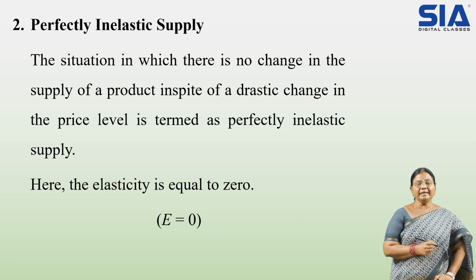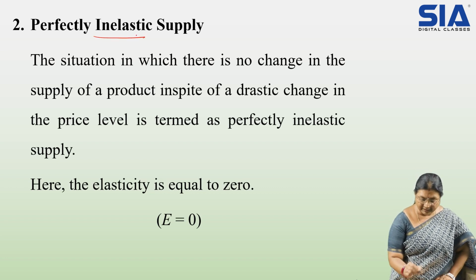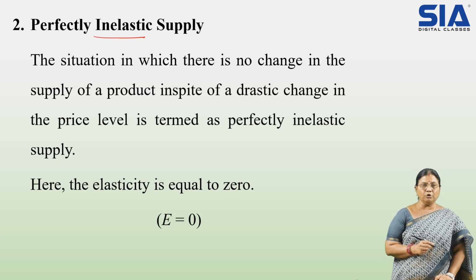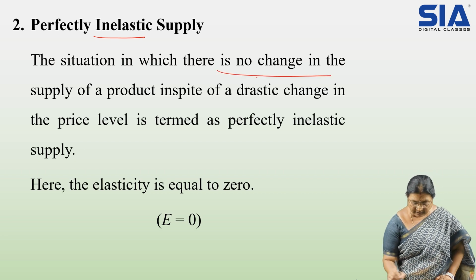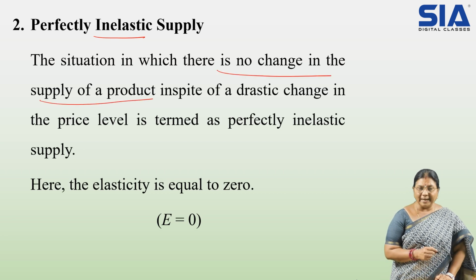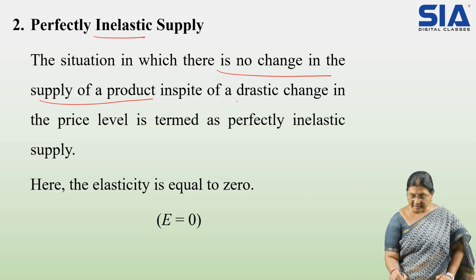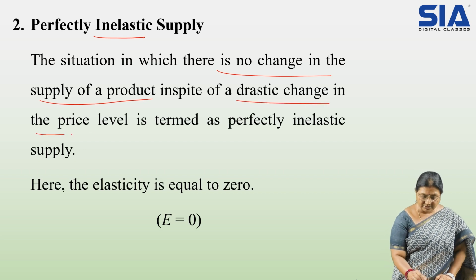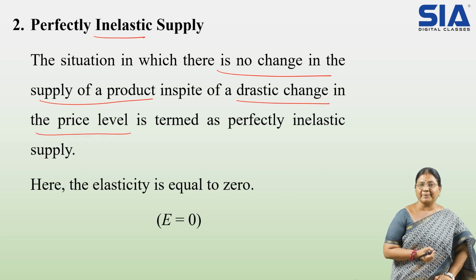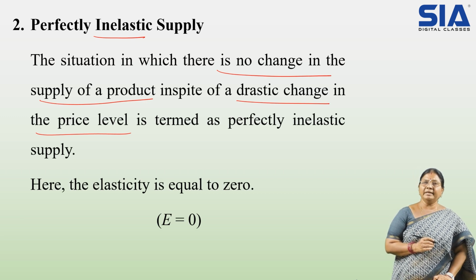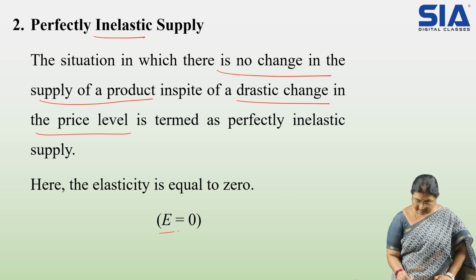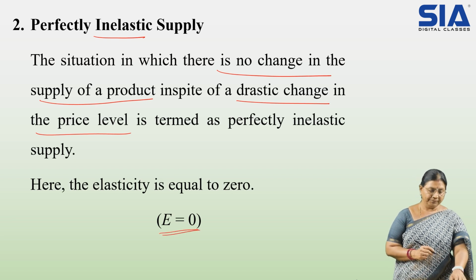Then perfectly inelastic supply is the situation where there is no change in the supply in spite of a drastic change in the price. Even though there is a large change in the price, there is no change in the quantity supplied, then it is said to be perfectly inelastic. Then we call it elasticity is 0.